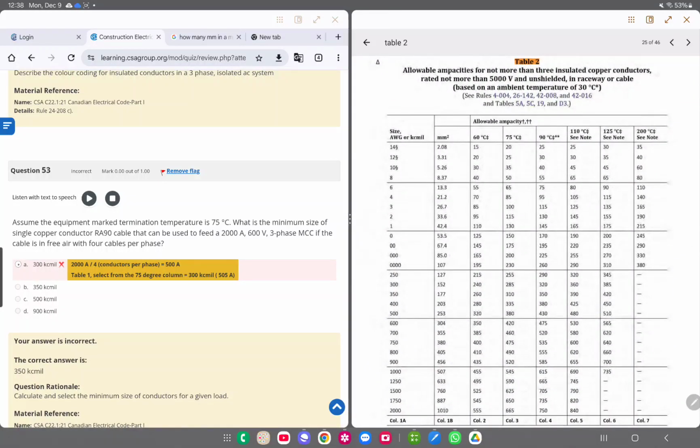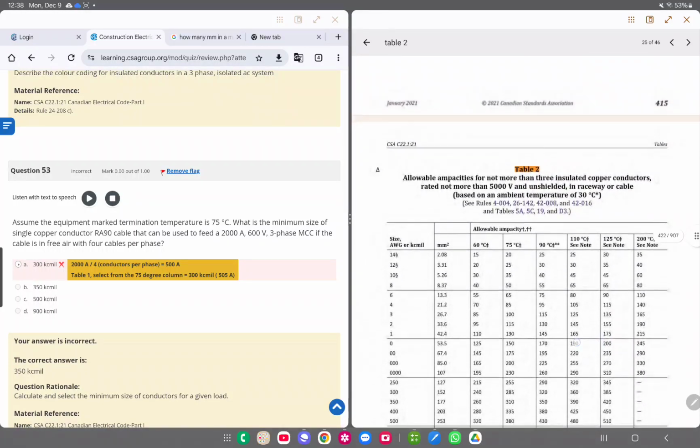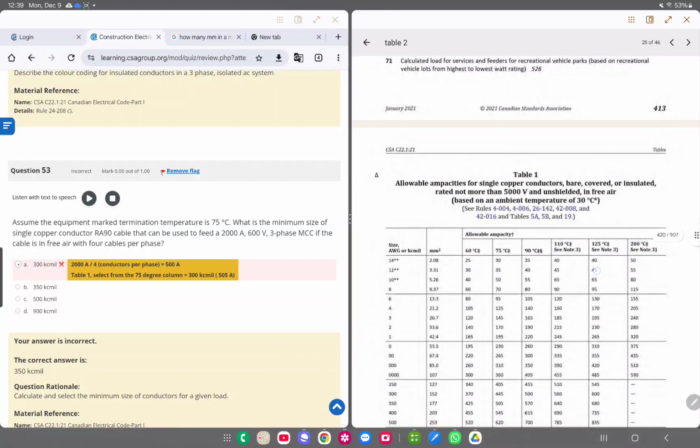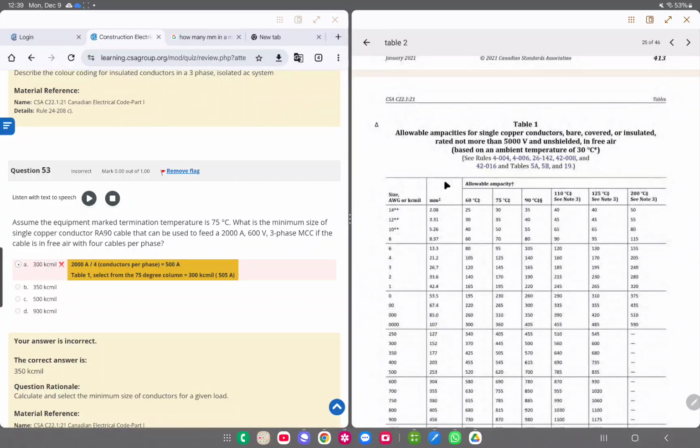Table 2, but we don't need table 2 because this is for copper conductors in a raceway. They're asking about free air, right? So we got copper conductors in free air. Let's just make sure that they want copper conductors. Minimum size of single copper conductor. Yeah. So they got an RA90 cable that can be used to feed a 2000 amp, running free air with 4 conductors.